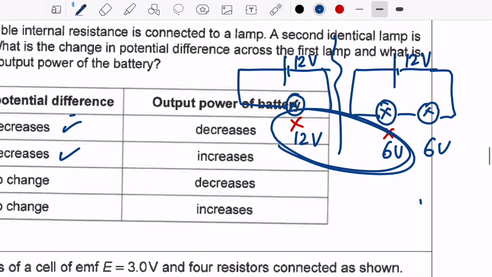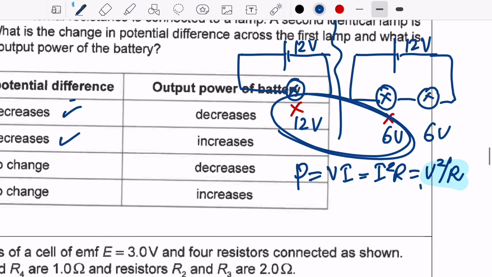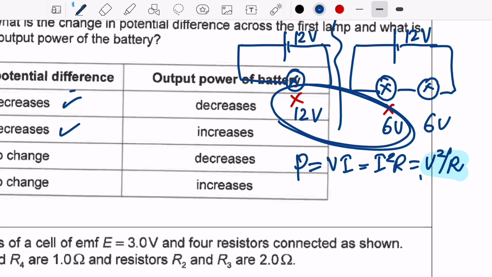Now let's think about power output. What is electric power? VI or I squared R or V squared over R, right? Let's pick this equation. The reason is I want to think power in terms of the total resistance of the circuit.